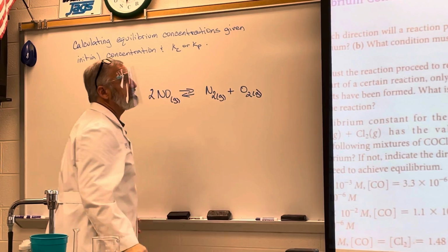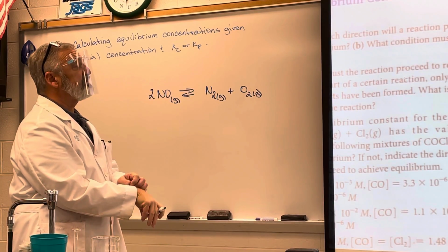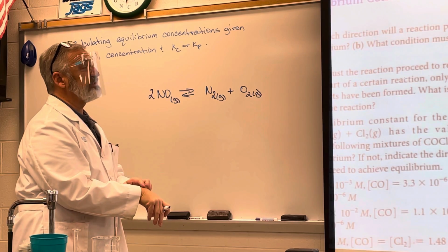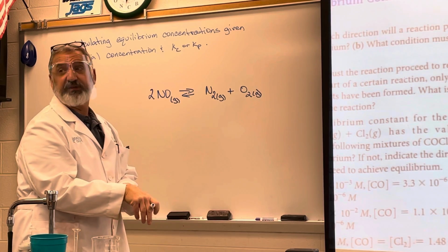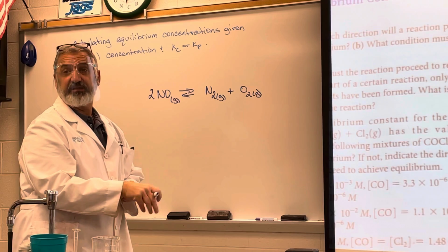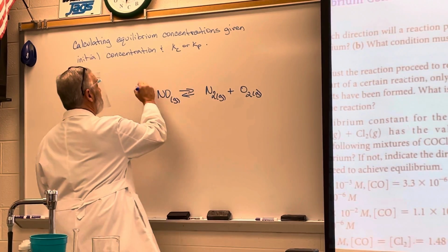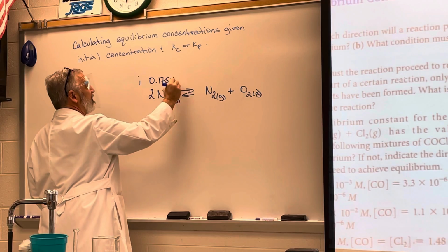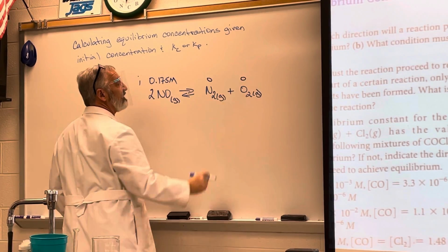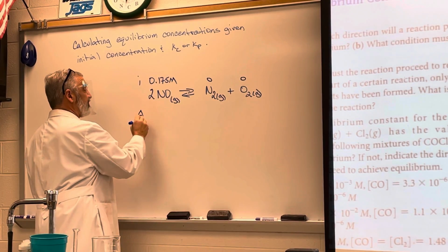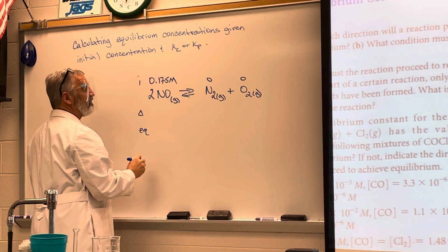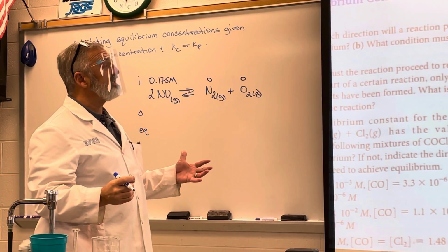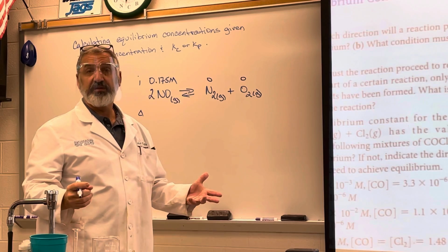And it says that the initial concentration of NO is 0.175 molar, and 0 and 0 for the products. They don't give me an equilibrium concentration, but I know Kc is 2400.